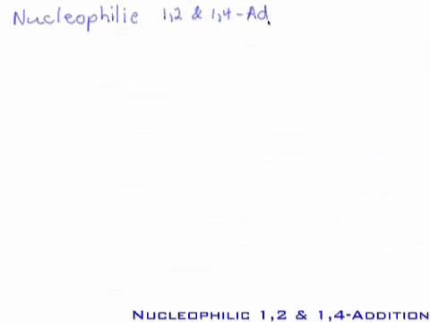And so we want to take a look at that next. And we'll use relatively strong nucleophiles in this case because, remember, we don't have the acid to increase the delta plus on the carbonyl carbon and the beta carbon.